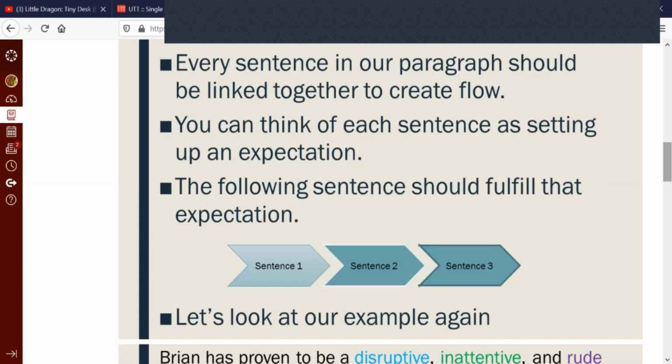So when we hear one sentence, we want a further explanation. We want to know why you wrote that sentence. We want you to expand on that sentence. So the following sentences should fulfill that expectation raised in the first one, right?